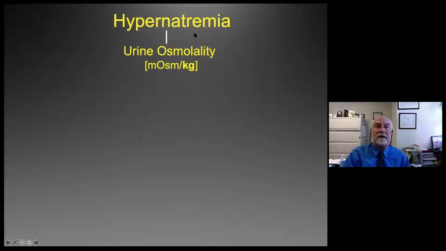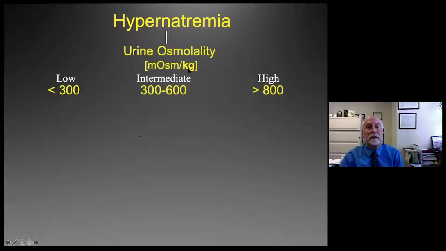So when confronted with a patient with hypernatremia, and this should be a review based on the background discussion we had earlier, you want to start by looking at the urine osmolality in milliosmoles per kilo. And basically, you can divide them into 3 broad ranges: a low urine osmolality, intermediate, or high.